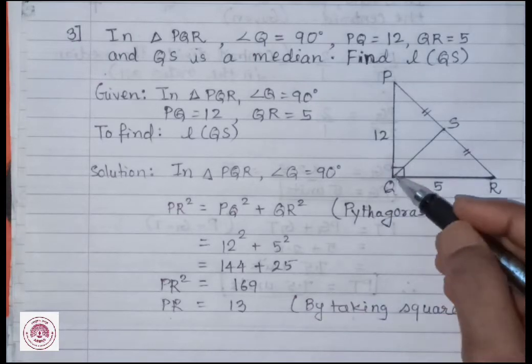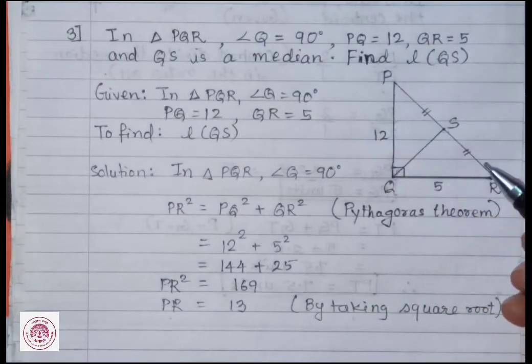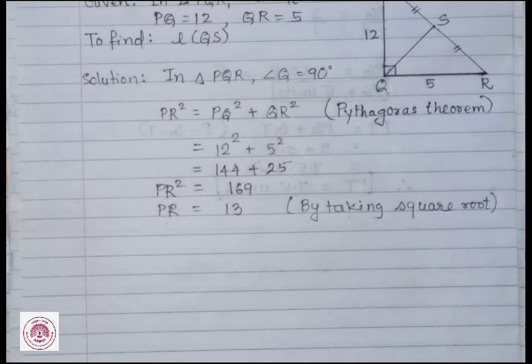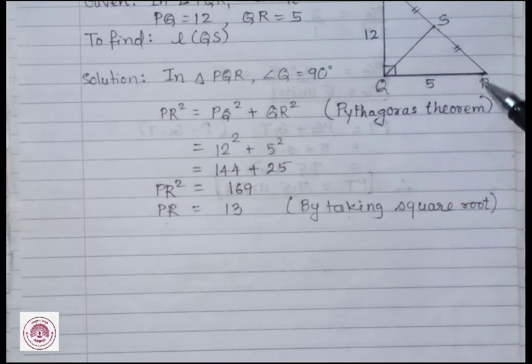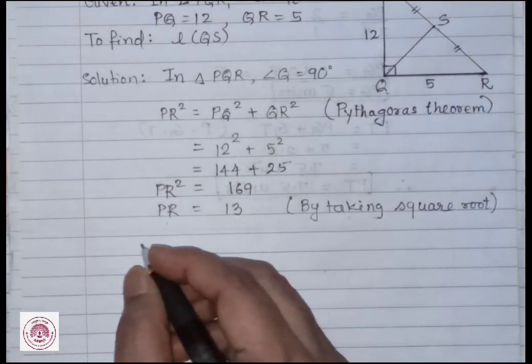Now we know QS is the median, and by the property of median, the length of the median is half of the hypotenuse. So let's write it.